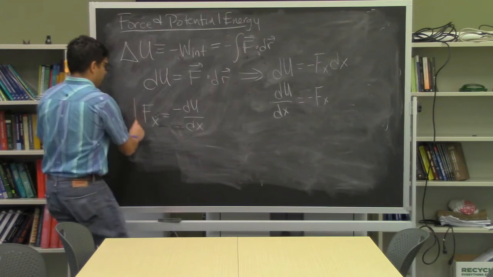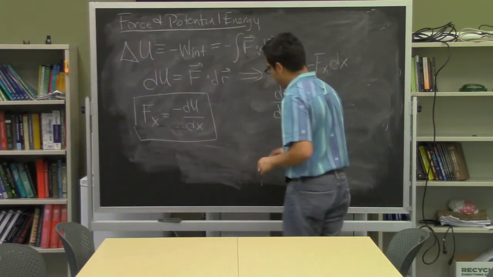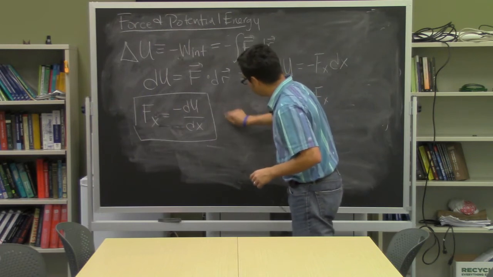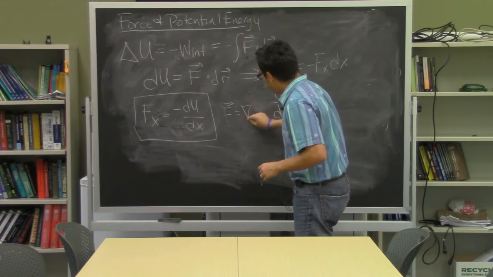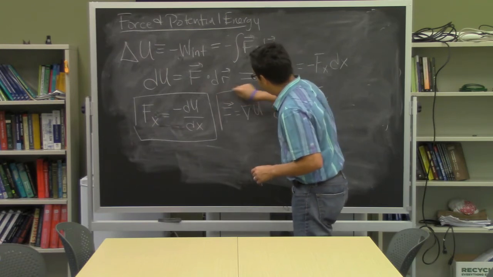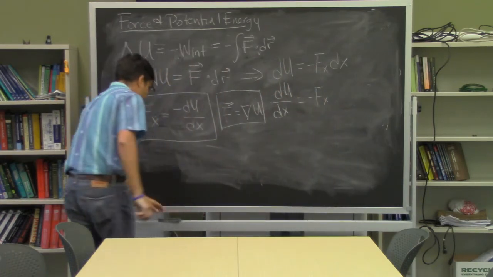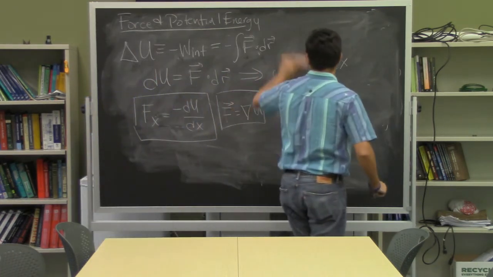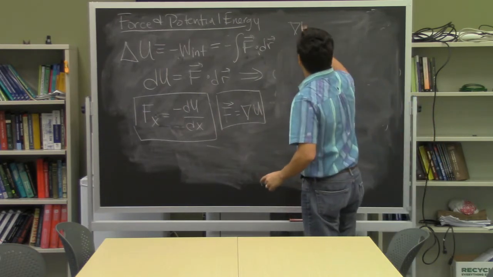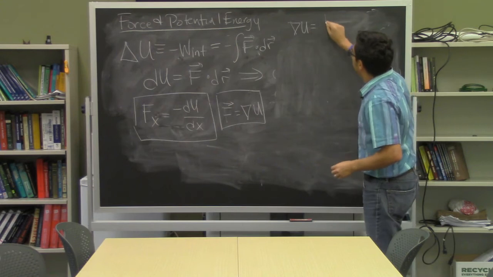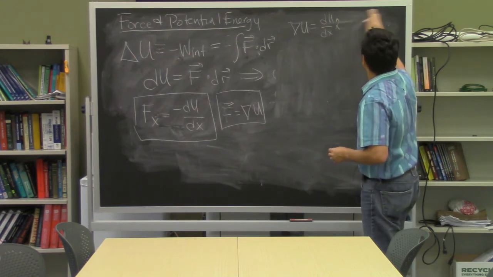We can go into a lot more detail about this, but the upshot here is that if you want to calculate the force, the vector force, you would take the gradient of the potential energy. That's going to give you each of the components. So if you haven't seen that gradient operator before, let's unpack that just a little bit. If I were going to take the gradient of the potential energy, what I'm going to do is take the x derivative, multiply that by x hat.